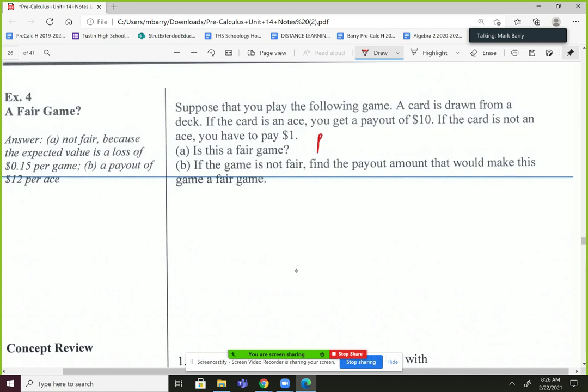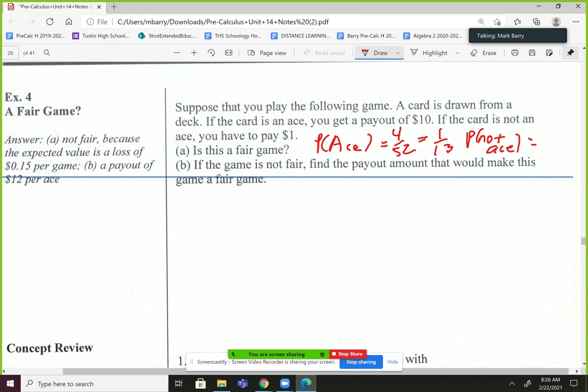First of all, I'm going to say the probability of an ace. We kind of saw this on our last one. Remember, there's 4 aces, 1 in each suit. So that's 4 out of 52, and that is 1 out of 13 if you want to use that instead. Either way will work. We're going to type it into a calculator anyway. Then the probability of not an ace is the complement of that.